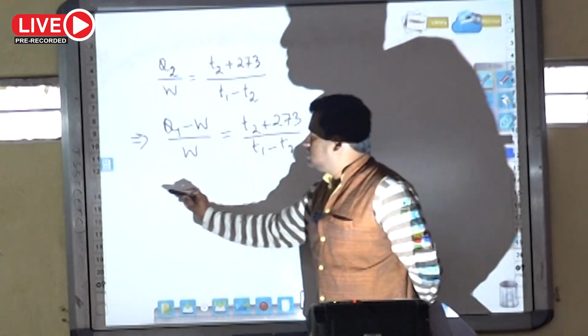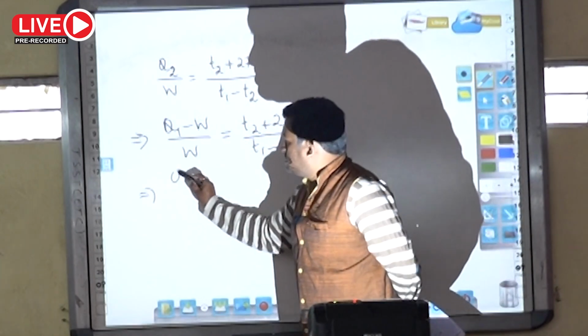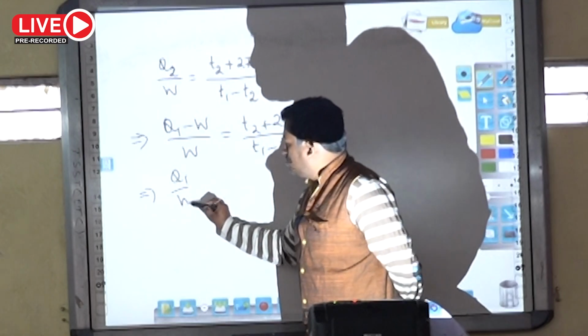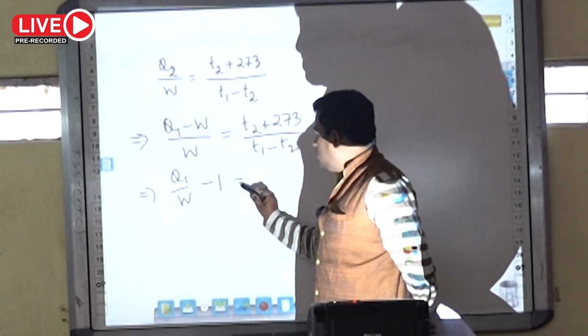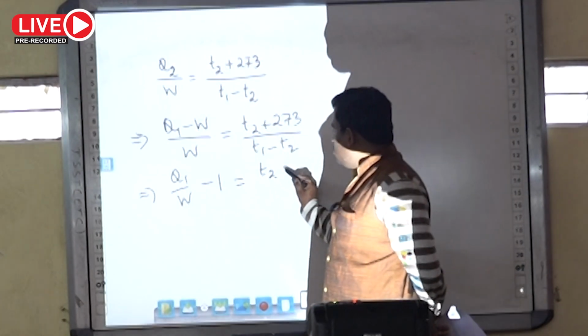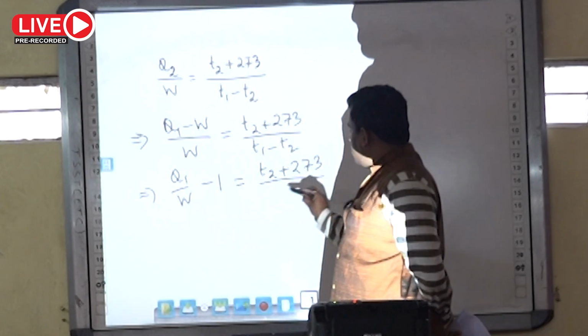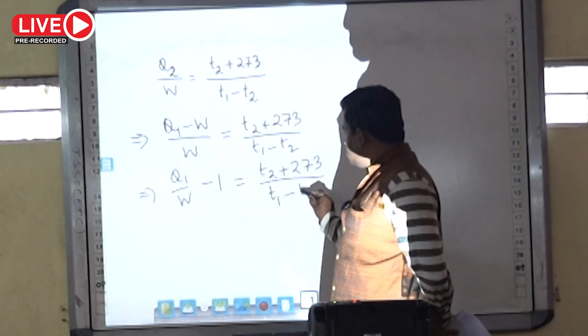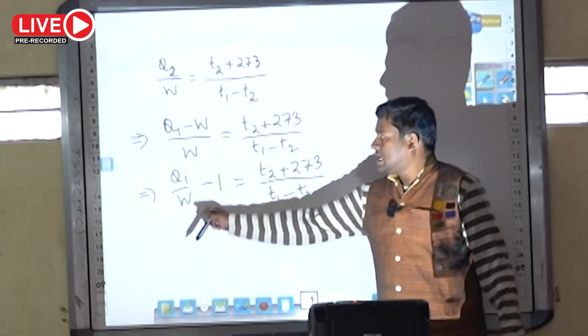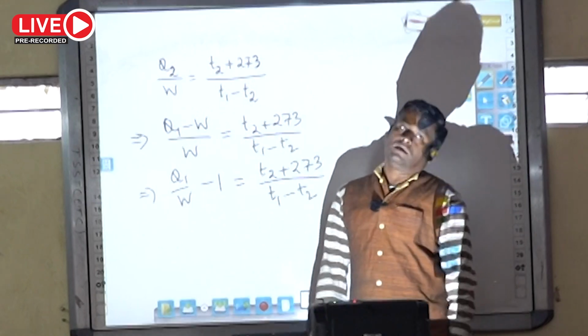Then from this we can write Q1 by W minus 1 equal to T2 plus 273 divided by T1 minus T2. From this, calculate the ratio Q1 by W.